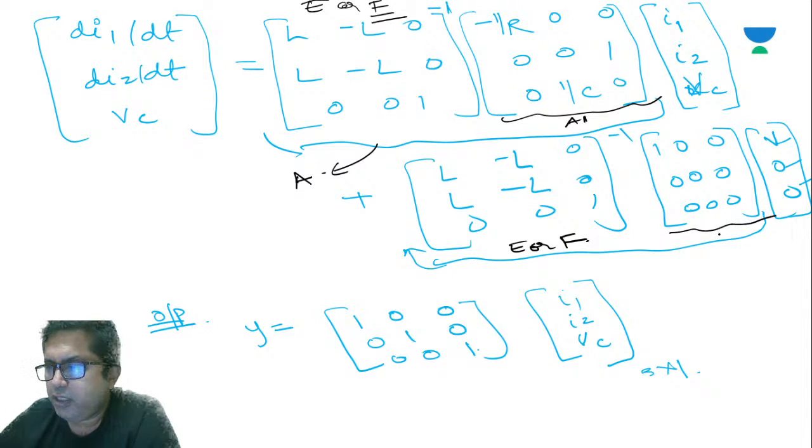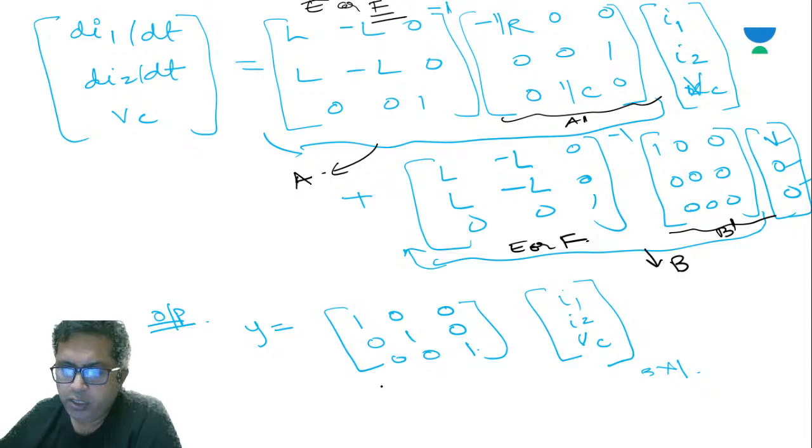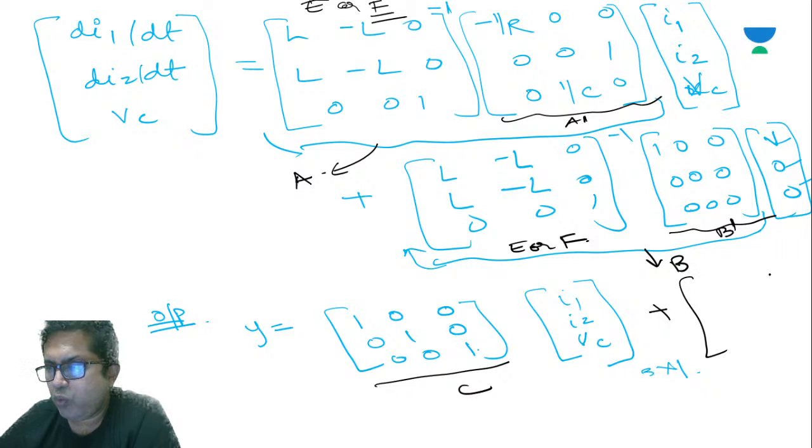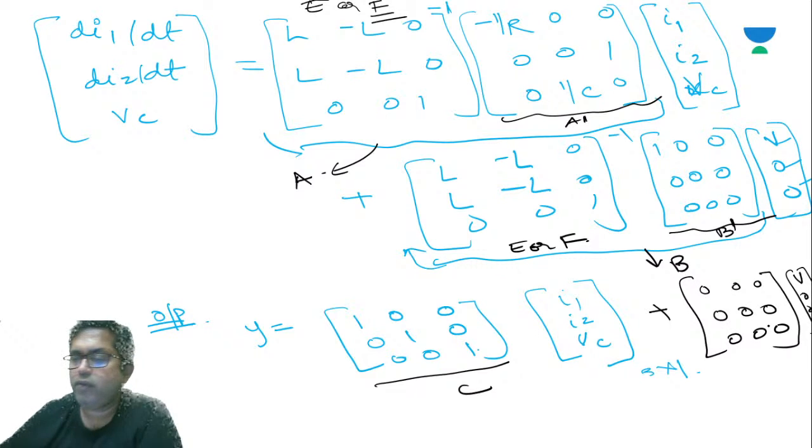This is the B dash matrix. Complete matrix is the B matrix. This is the C matrix, plus I require the D matrix. Number of inputs are 3. So I require 1, 2, 3, 4, 5.